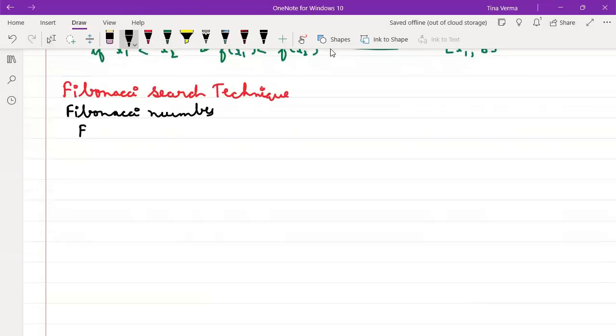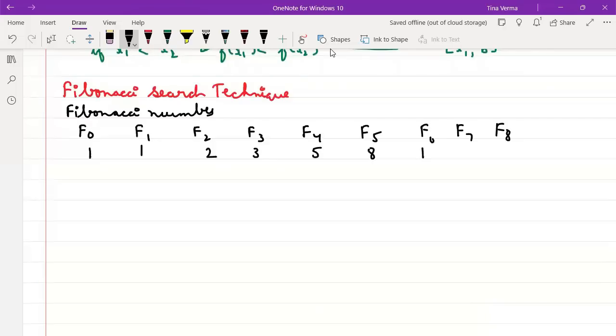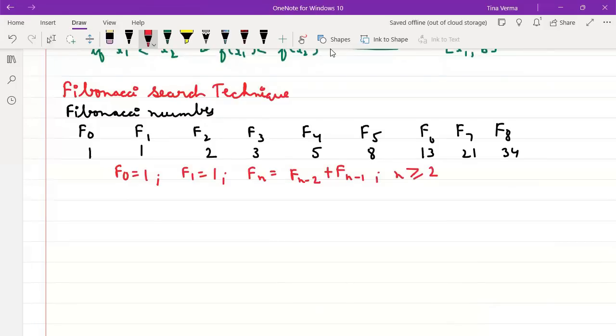You have numbers f0, f1, f2, f3, f4, f5, f6, f7, f8. कैसे लेते हो? पहले नंबर 1 1, फिर सम 2 + 1 3, 3 + 2 5, 5 + 3 8, 8 + 5 13, 13 + 8 21, 21 + 13 that is coming out to be your 34. तो सीरीज आप कैसे चलाते हो? दैट f0 is your 1, you take f1 is 1 और फंक्शंस की वैल्यू नेक्स्ट n पे क्या होती है? f at n-2 प्लस f at n-1 फॉर n ग्रेटर देन इक्वल टू 2 के लिए, यही होती है.